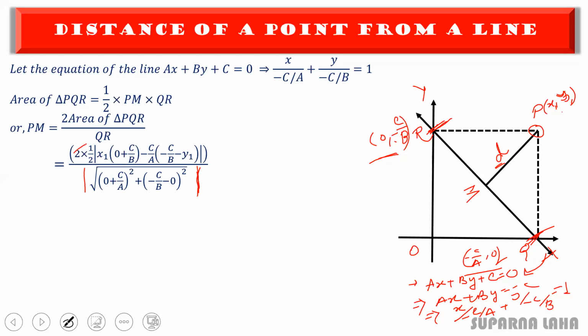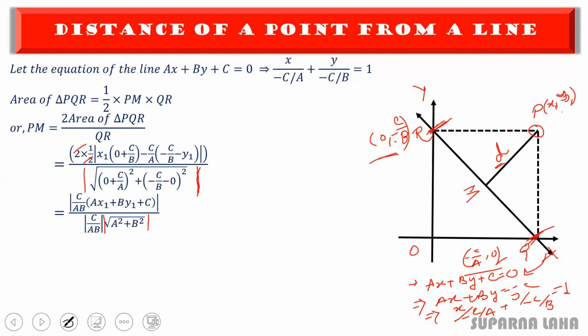So look here, the 2 cancels, and take C by AB common from the numerator, and from the denominator take common C square by A square B square. So C by AB into x1 plus by1 plus C, and C by AB, taking C square by A square B square out of the root, will be C by AB. Definitely use the mod sign, and root over A square plus B square.